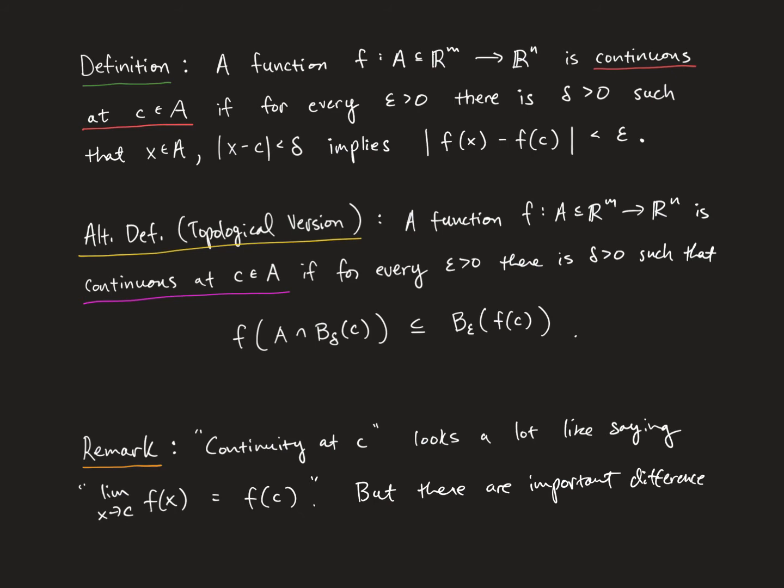And basically the difference just comes down to whether C is a limit point of A or not. Okay, so notice for continuity here, of course, you need the C in question to actually be in the domain of the function, right? So that's one difference, is that you're always requiring that C is actually in the domain of the function, so you actually have the value of the function at C. For the limit as x approaches C of f of x, you didn't even need C to be in the domain.